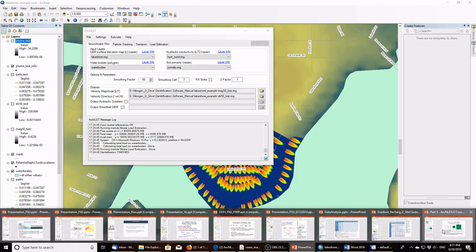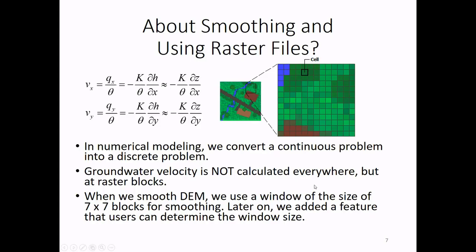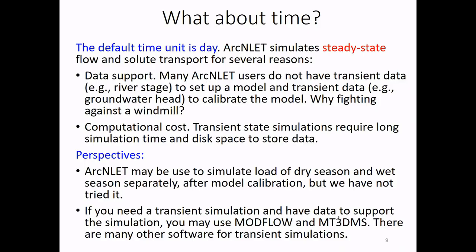So now we're going to talk about the unit of time and about the steady state model using ArcNLET. There are two things to pay attention to. One is that the default time unit is day, and the other one is that the ArcNLET simulation assumes a steady state flow system and transport system.